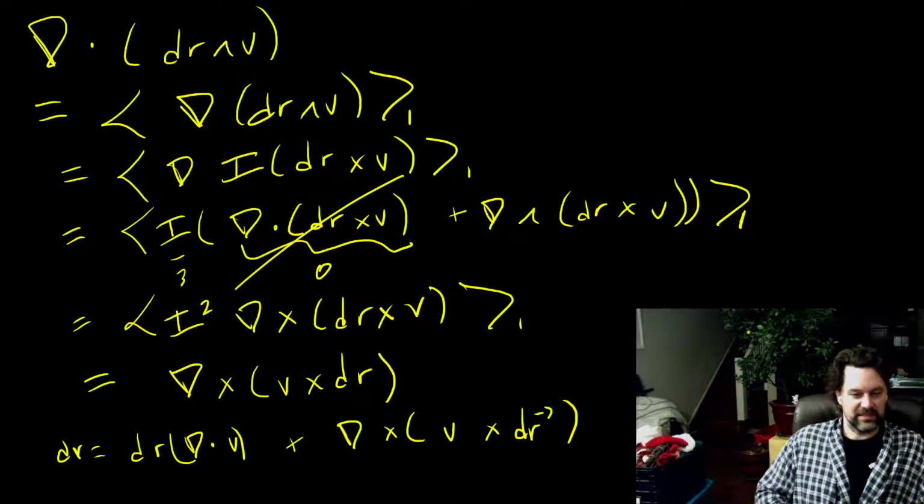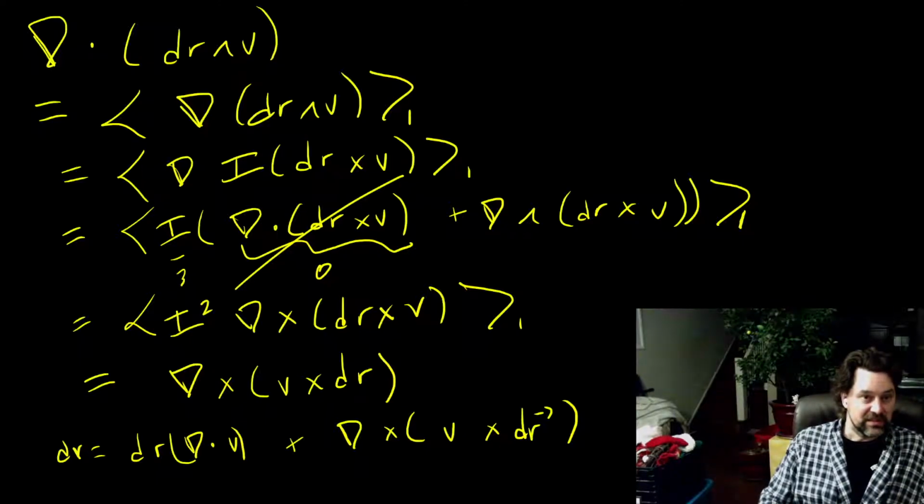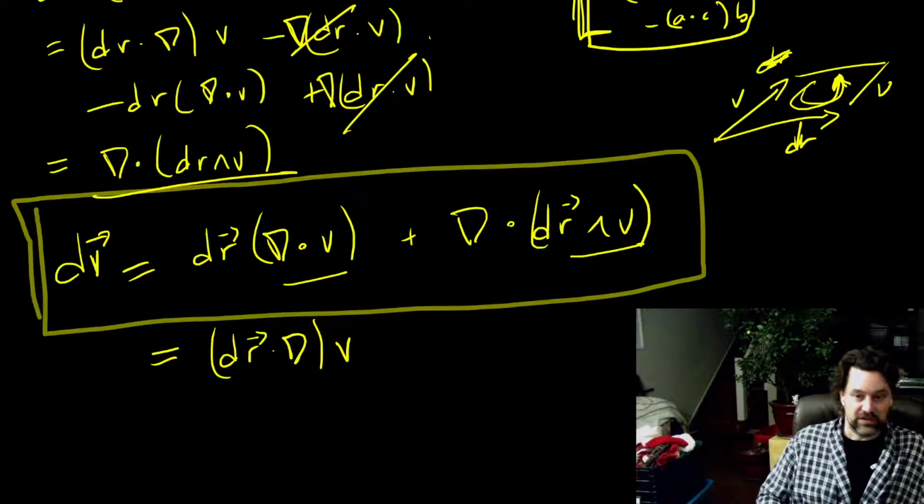All right, that's it. I think that's just about everything to say about extracting the GA form of the differential of a vector, which is just this convective-like derivative.